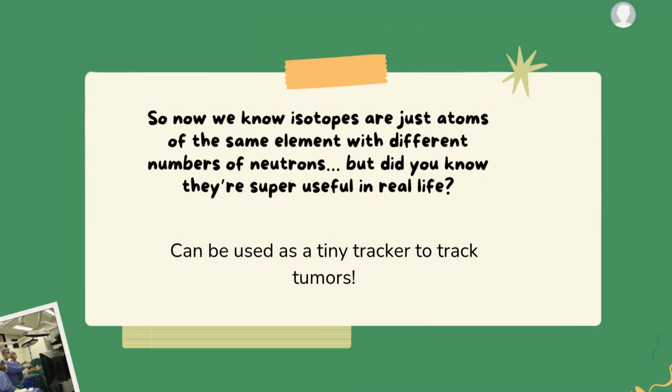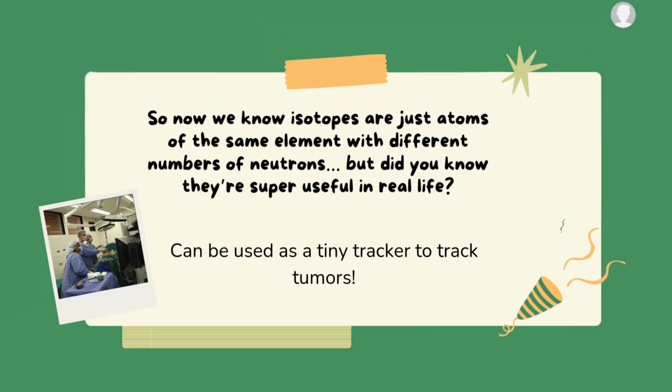Now that we know what isotopes are, we can look at how useful they are in real life. They can be used as tiny trackers to help doctors diagnose some types of problems and track tumors.